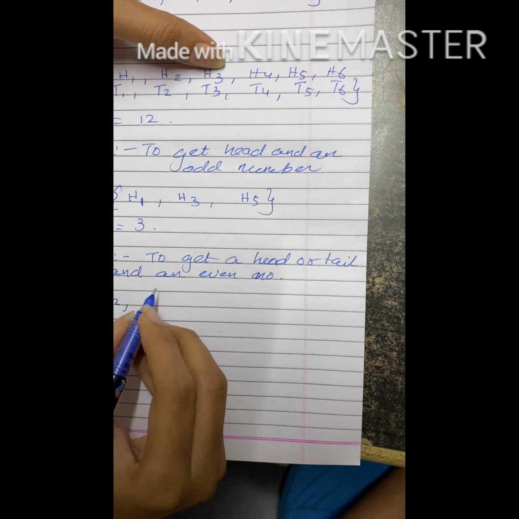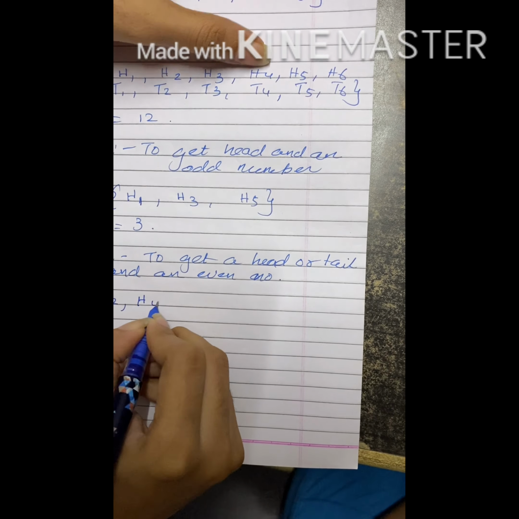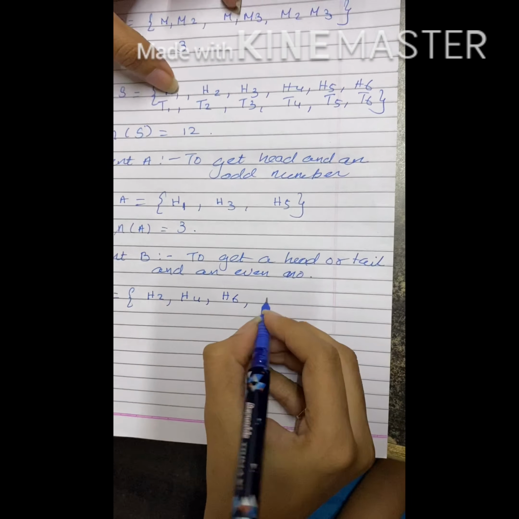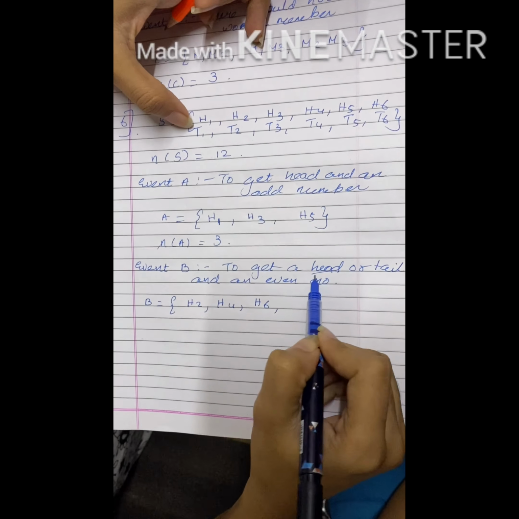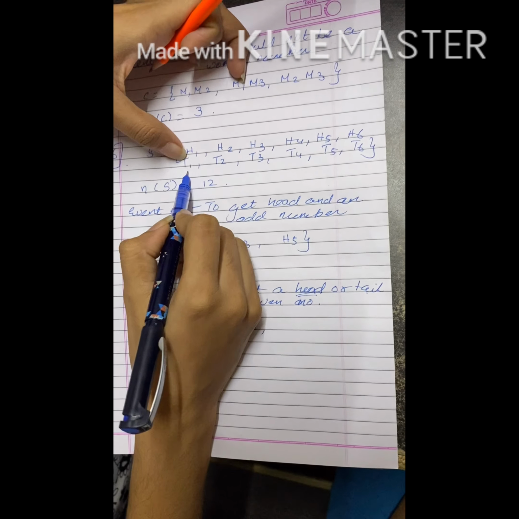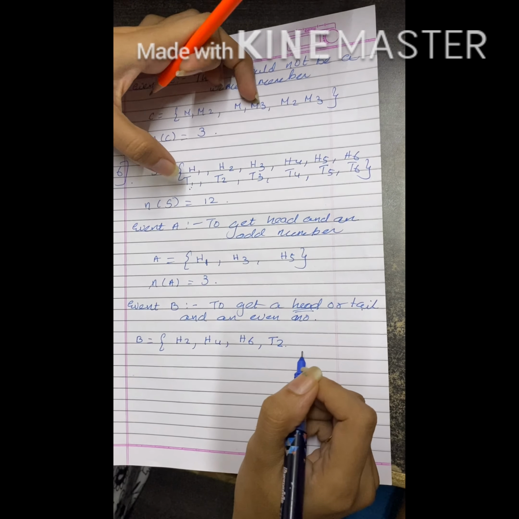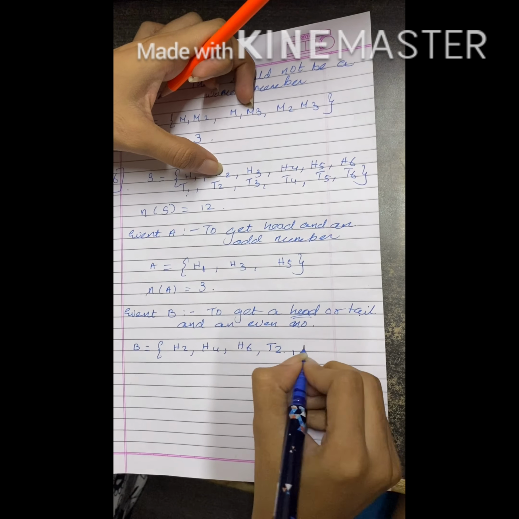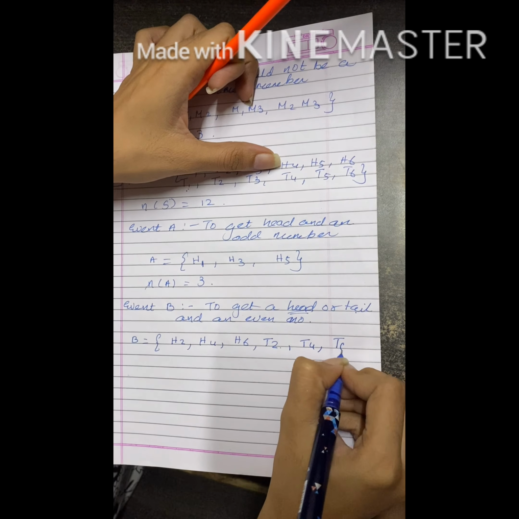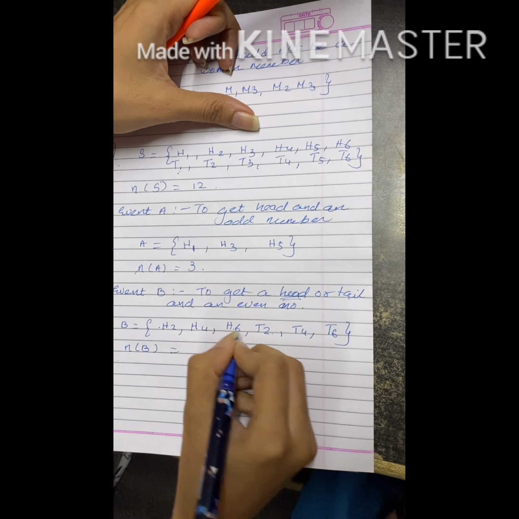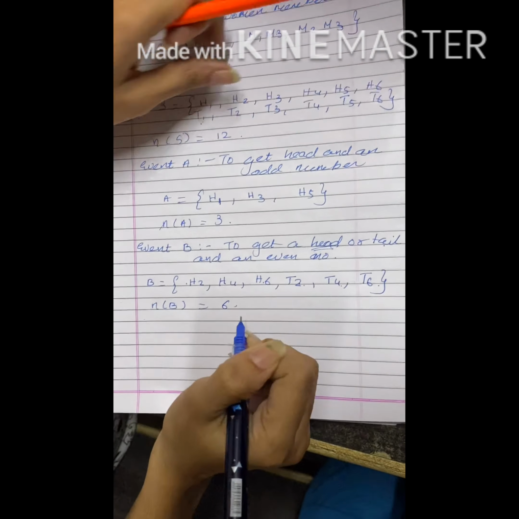H3 is an odd number, so we won't consider that. H4, H5 again is an odd number, so we will consider H6. Similarly, here we need head or tail, so tail terms will also be present. T1 is an odd number, so that term will not come. T2, T4 and T6. So N of B is equal to 1, 2, 3, 4, 5, 6.